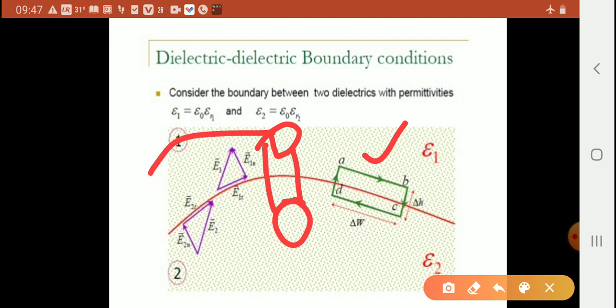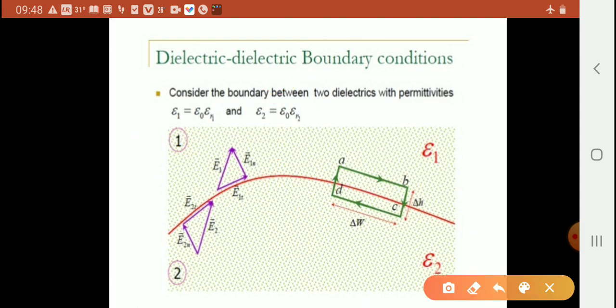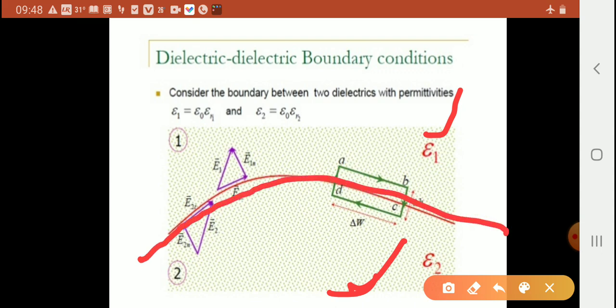To calculate the tangential component of electrical field intensity and electrical flux density, consider the boundary between two dielectrics with permittivity E1 and permittivity E2, where E1 equals E0 ER1 and E2 equals E0 ER2. This is the permittivity E1 in this space, and this is the permittivity E2 in this space. And this is the boundary.